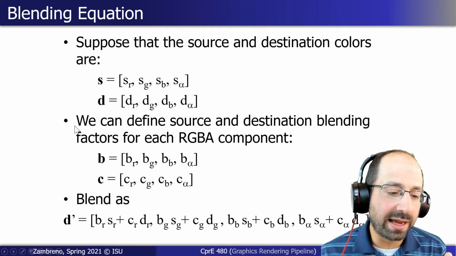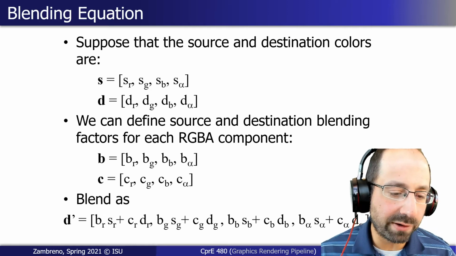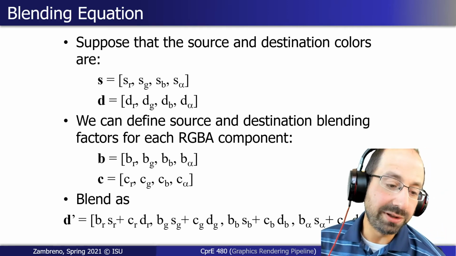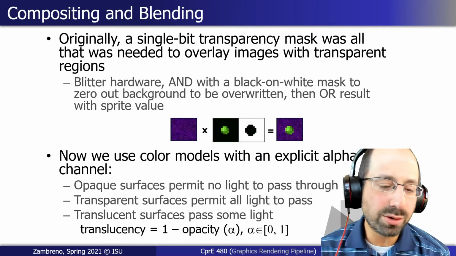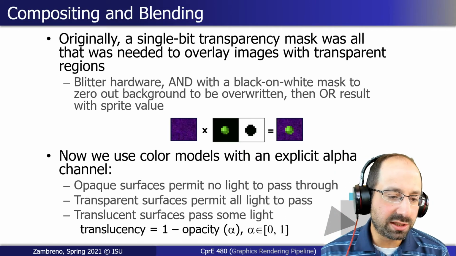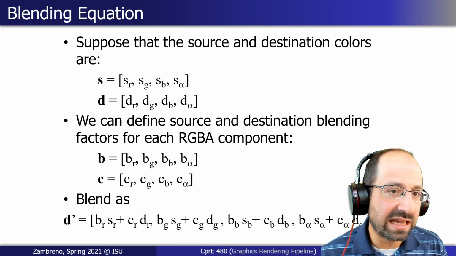We would then define somewhere in our OpenGL application, and then stored in our driver and used in our hardware, the blending factors. Although I described here as being just a single value alpha, we can actually specify that blending factor separately for each of the channels, including for the alpha channel itself.